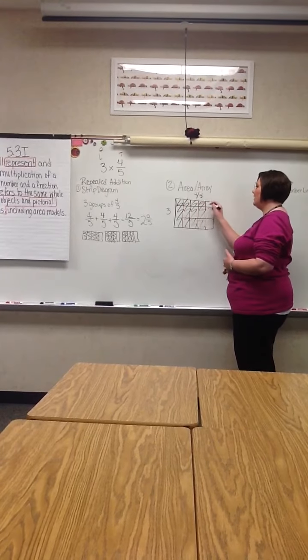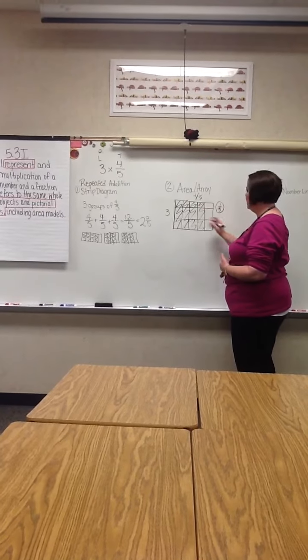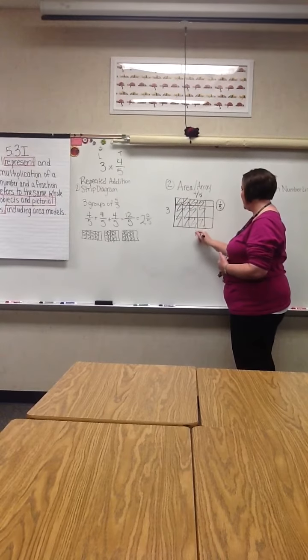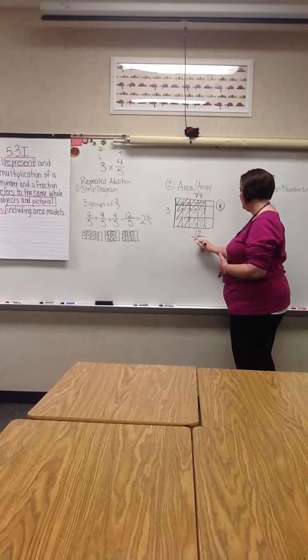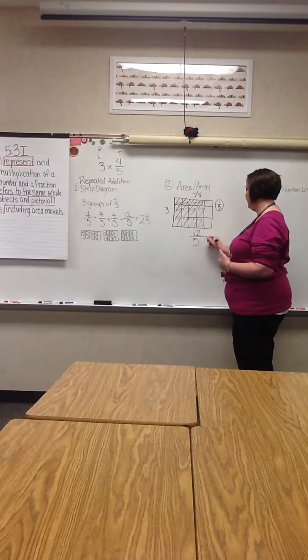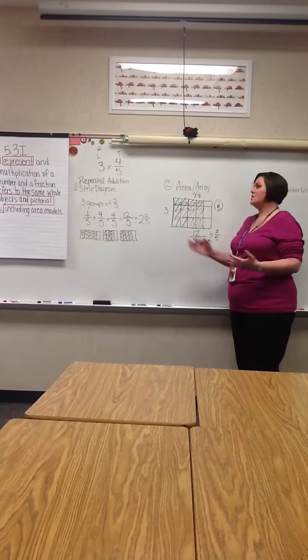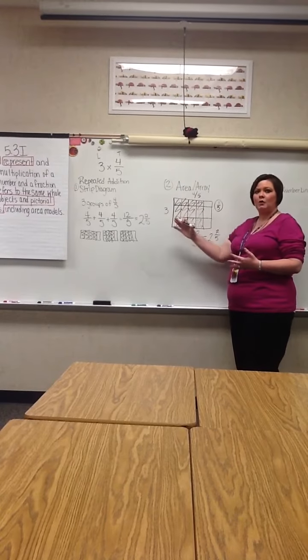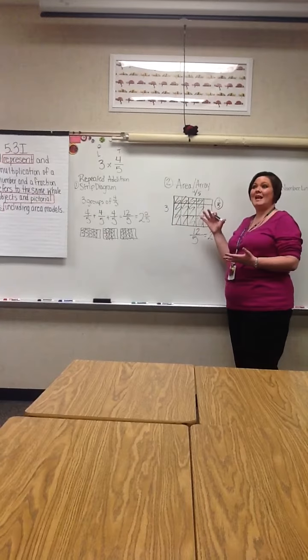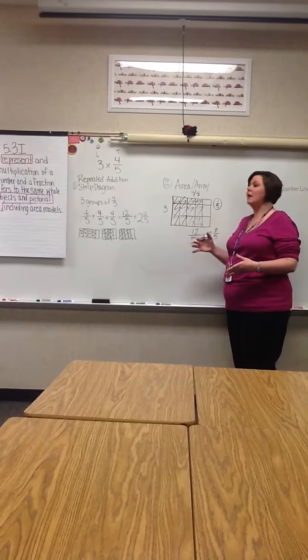And each one of these boxes represents 1/5. So if I counted up all of these boxes, I would end up with 12/5, which again, they would simplify to 2 2/5. So they're seeing how the same model can come up with the same answer, just showing it differently.